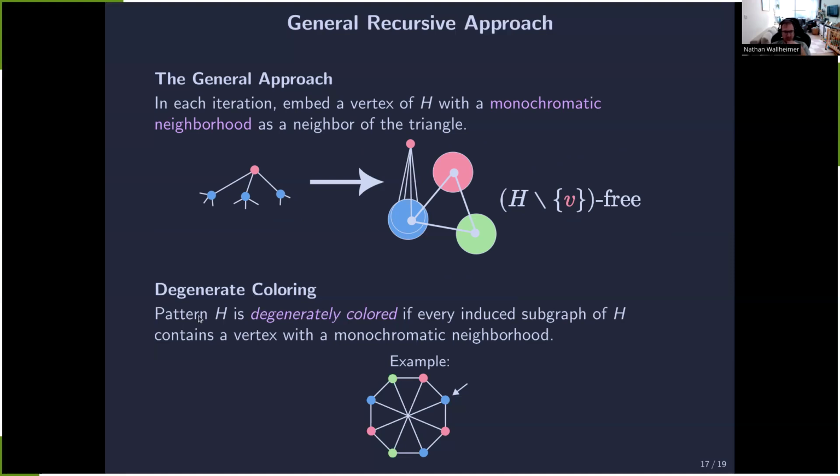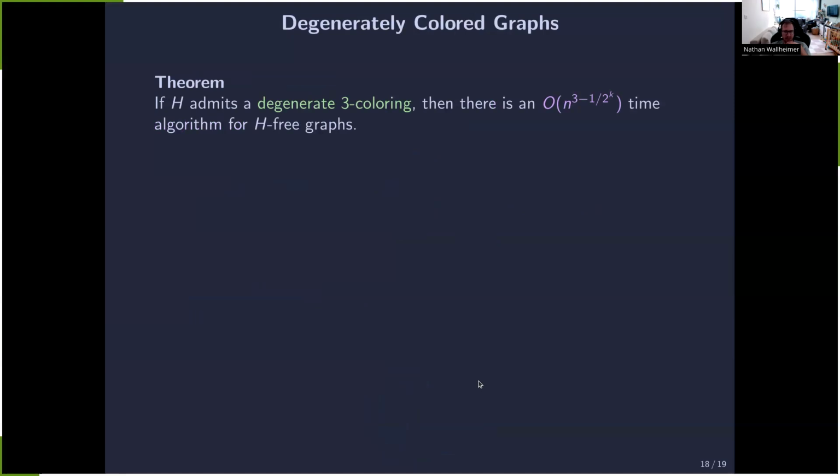We call it a degenerate coloring if every induced subgraph of H contains a vertex with a monochromatic neighborhood. So we have a small example here where there is a blue vertex with red neighbors. You delete it, you get a red vertex with blue, a blue vertex with green neighbors, green with red, and so on. And the main result is that for patterns that admit a degenerate 3 coloring, we have a strongly subcubic algorithm.